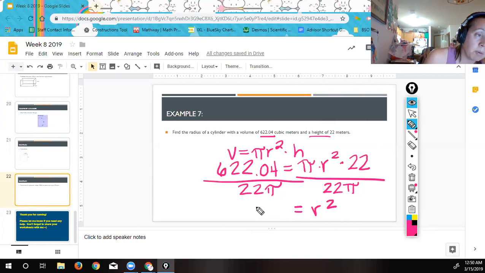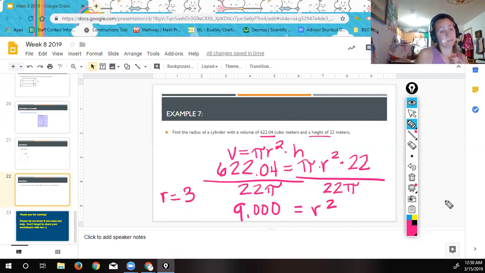And we get 9.0000 whatever. And then we're going to take the square root of that, and you get about 3. So you get a radius of 3. Because the square root is how you cancel that squared.